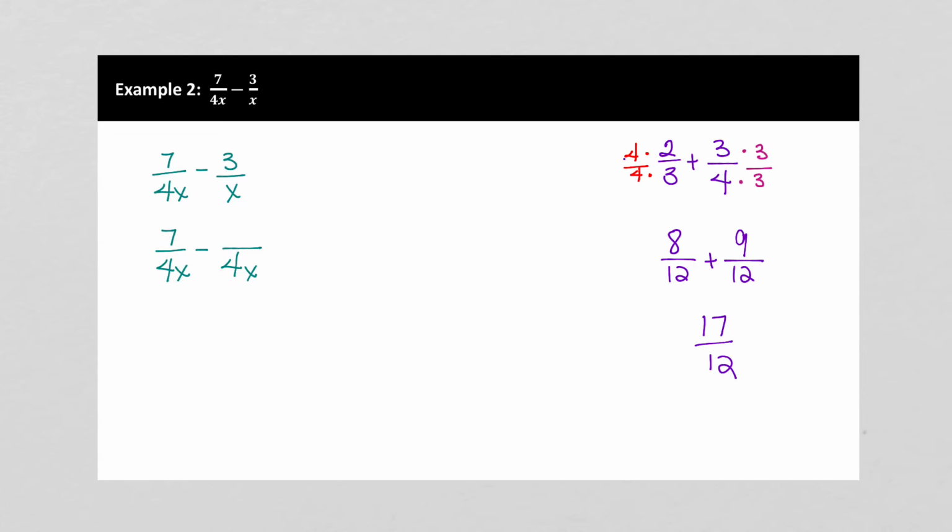But we need the x on the bottom of the second fraction to be 4x. How do we get it there? We multiply by 4. And if we multiply the bottom by 4, we have to multiply the top by 4. And now we can subtract. 7 minus 12 is negative 5 over 4x.